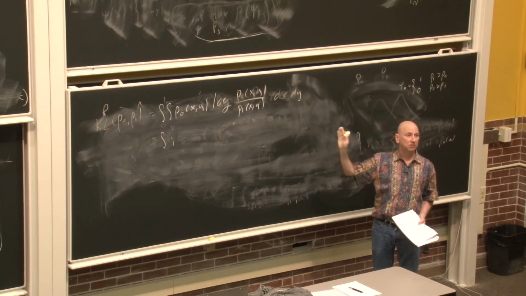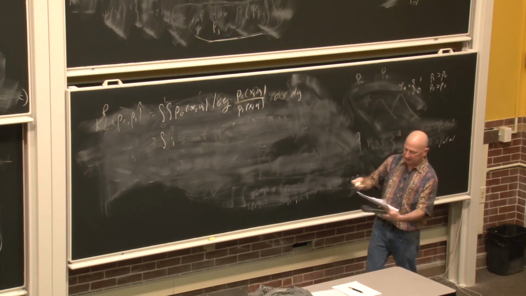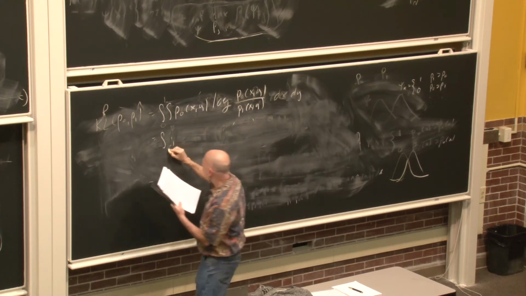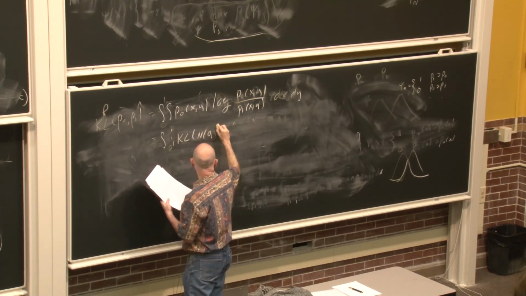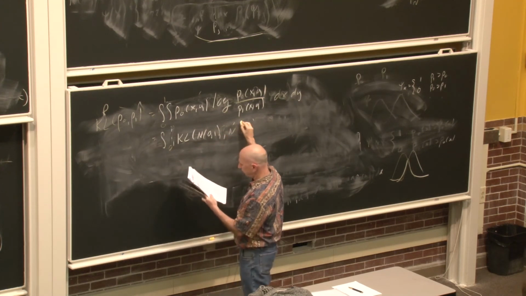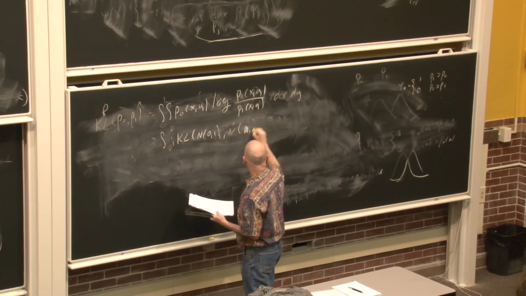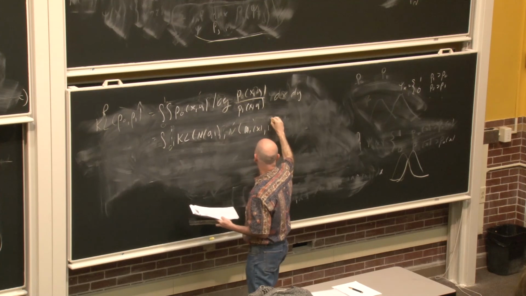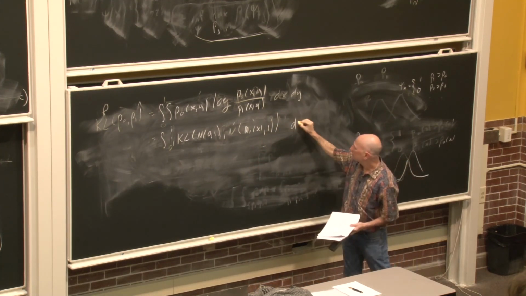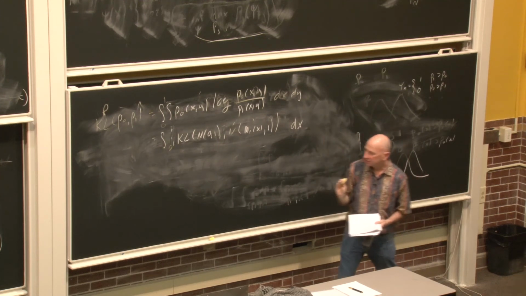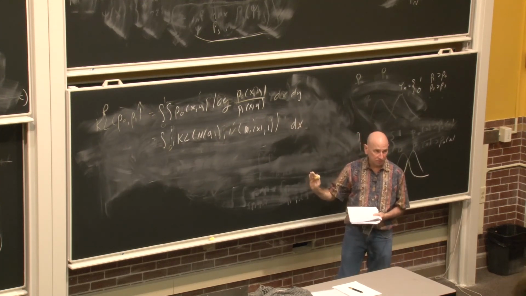Does that make sense? Y given x averaged over x. So I did that for you, and it ends up being the KL distance between a normal 0, 1 and a normal m1 of x, 1. For each x, in other words, for every x, we just have two normal distributions.